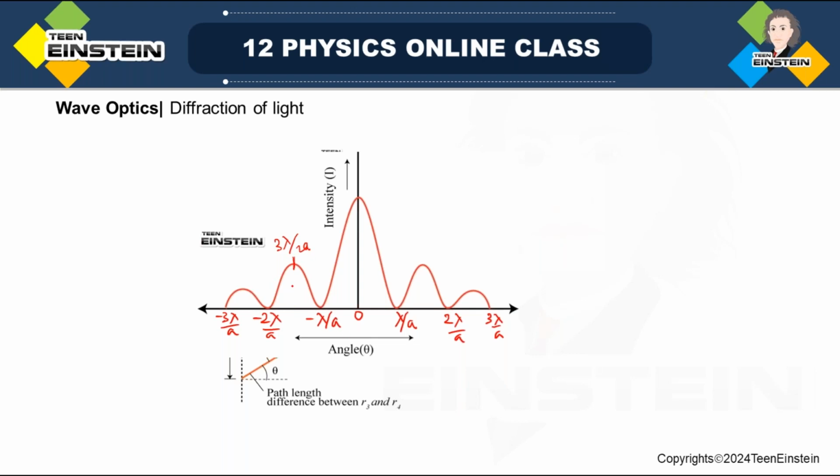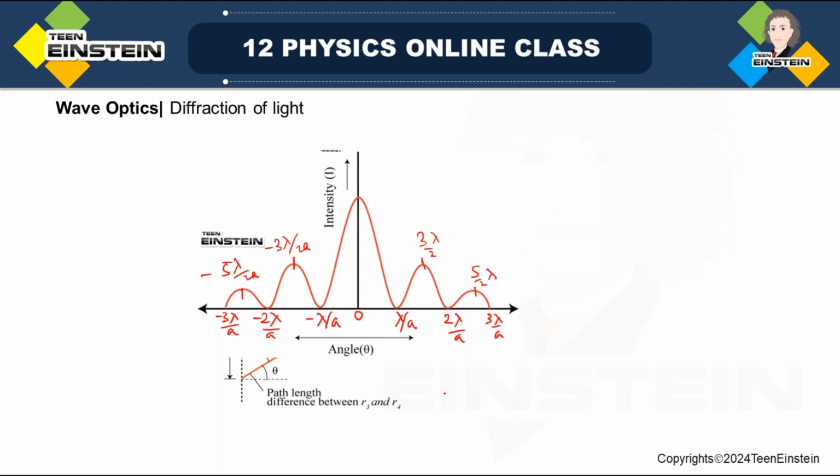This is 5 lambda by 2a, 2.5, like that. On this side minus, this side it will be plus 3 by 2 into lambda, and this will be 5 by 2 into lambda. Okay, these are the angular positions.